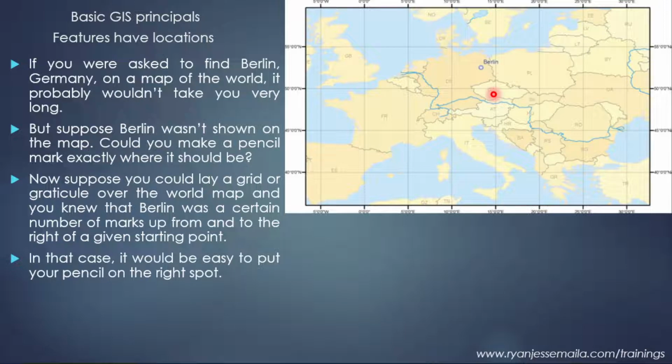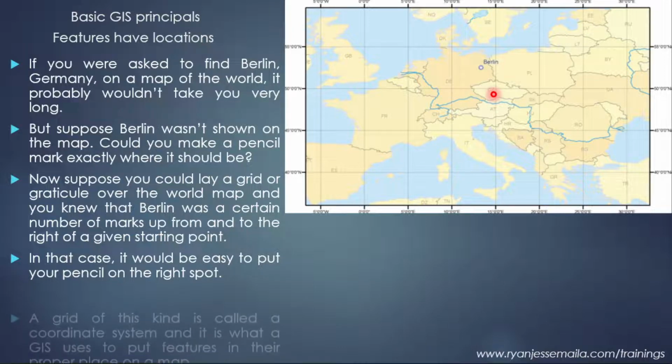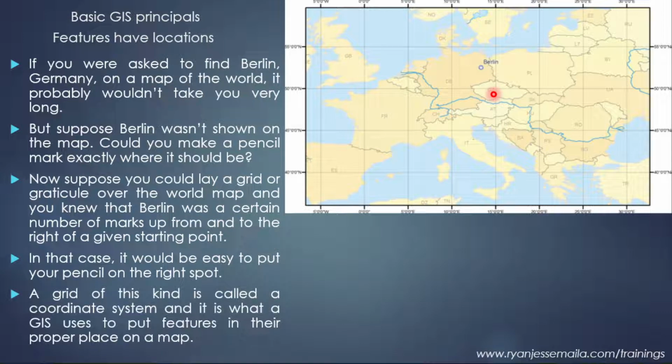In that case, it would be easy to put your pencil on the right spot, like I've already mentioned. A grid of this kind is called a coordinate system. So I'm introducing you to a coordinate system, and it is what a GIS uses to put features in their proper place on the map.